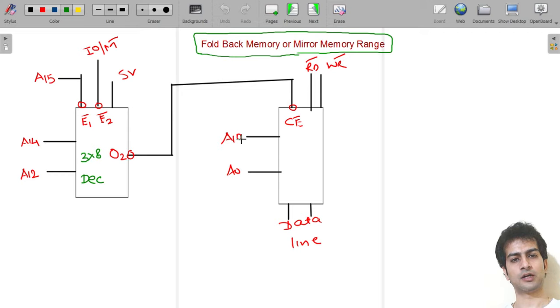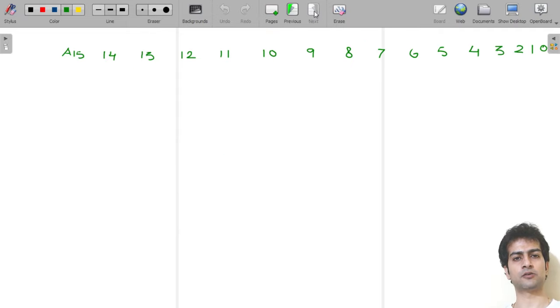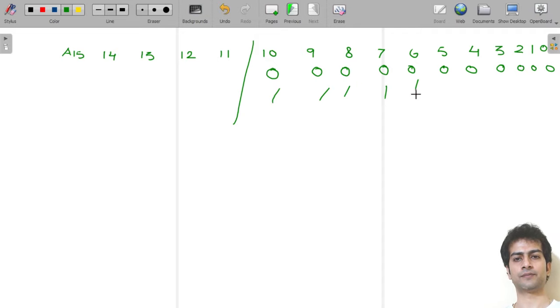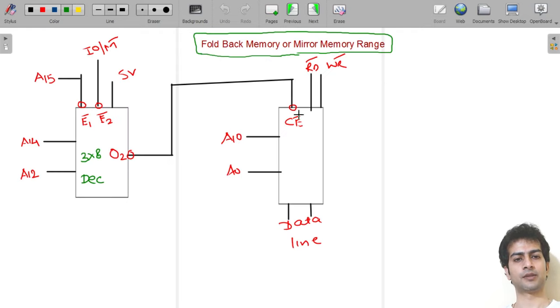Now see what is in the memory. The address lines connected at the input are A10 to A0. Put all 0 here, then put all 1 here. Easy. Then this will be enabled when O2 is enabled.